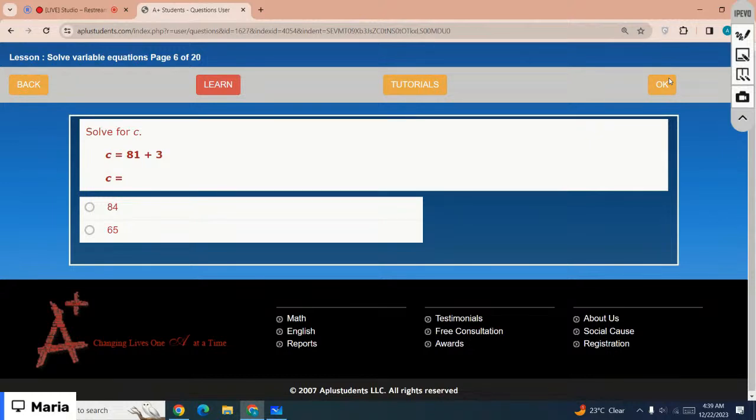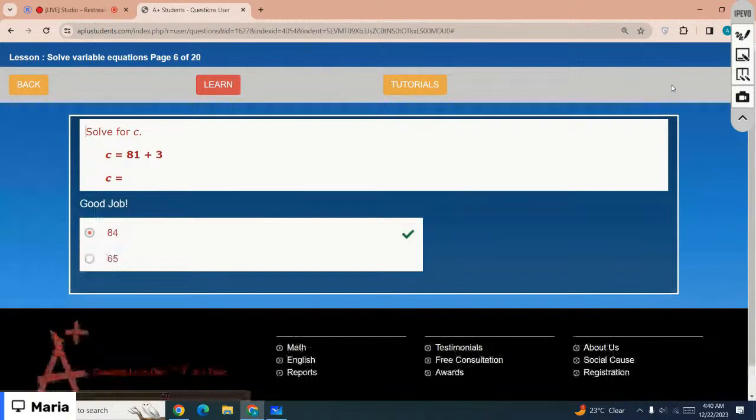Solve for C. C equals 81 plus 3. So, which is the correct option? That is 84. The correct option is option number 1, right?